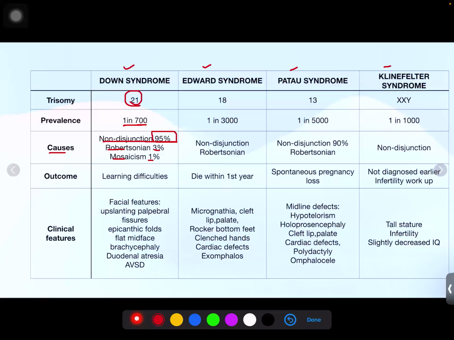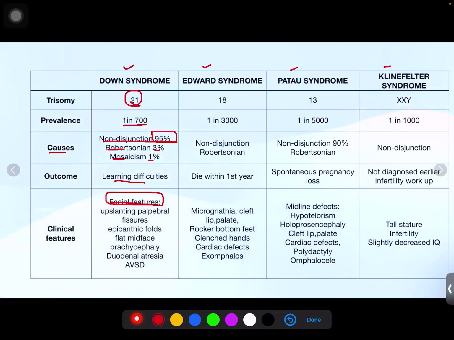So the outcome: Down syndrome is actually compatible with life. Babies are born with some learning difficulties, moderate learning difficulties, not very severe. Now you will get a question where they give you the facial features of a syndrome and ask what the possible syndrome of this baby could be.